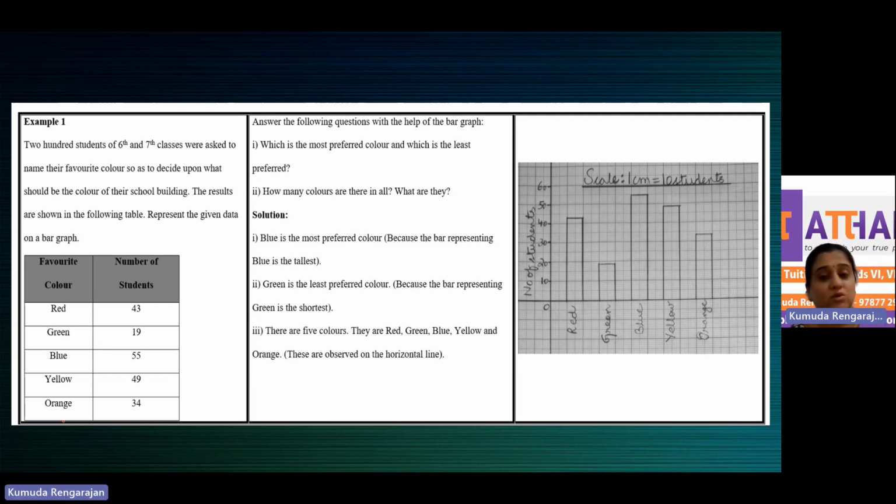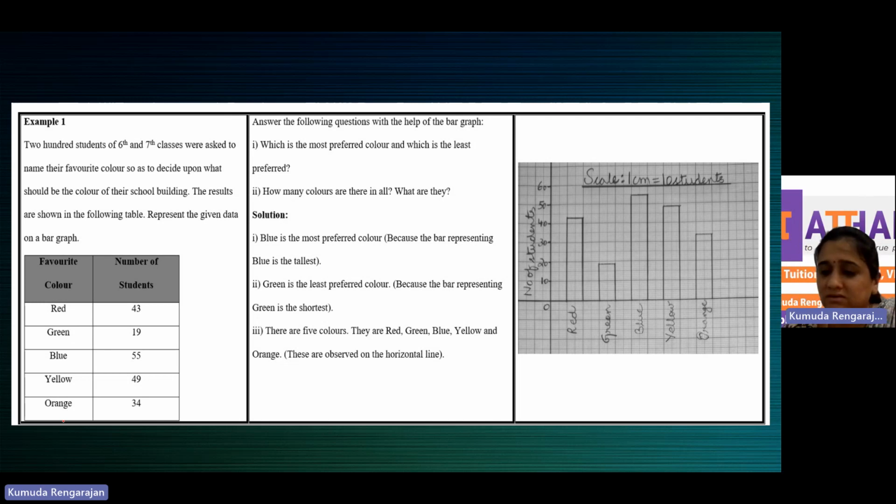But you cannot take 1 centimeter is equal to 1 student, because then 55 will be so tall. The bars should not be very tall, and should not be very short also. Yeah, you can take 5. You don't have to copy the question.